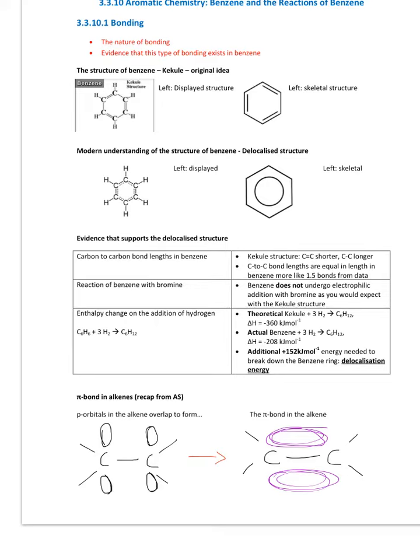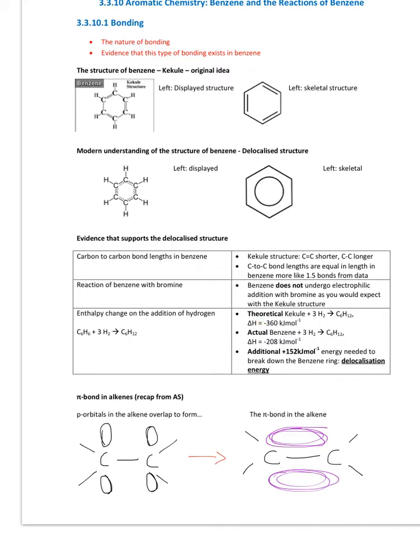The third piece of evidence is about the addition of hydrogen to this molecule. When hydrogen is added to the theoretical Kekule structure, it would be minus 360 kilojoules per mole. But it's found to be minus 208 kilojoules per mole.